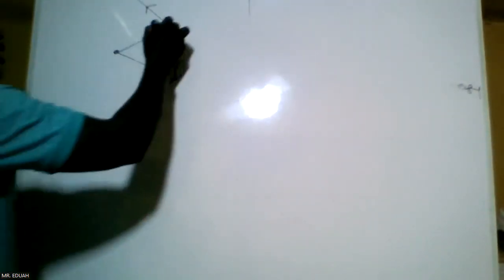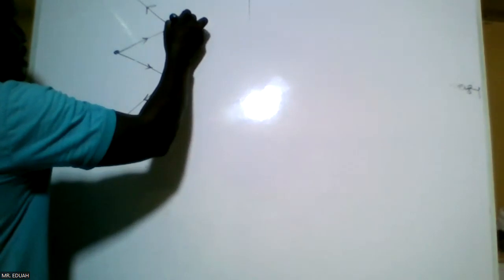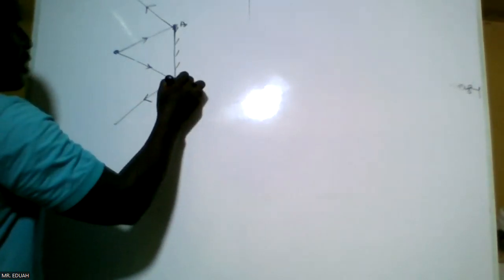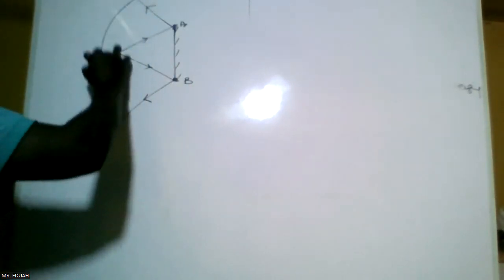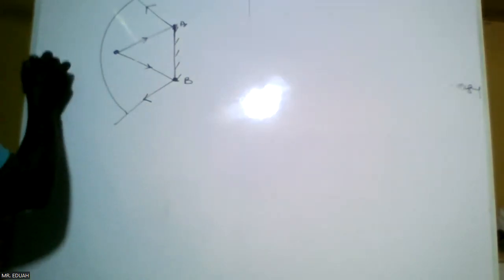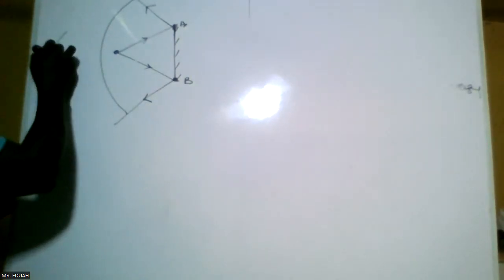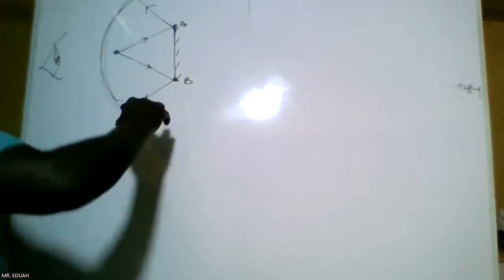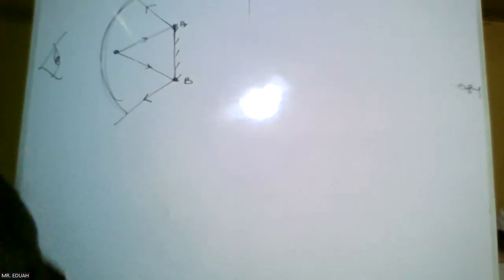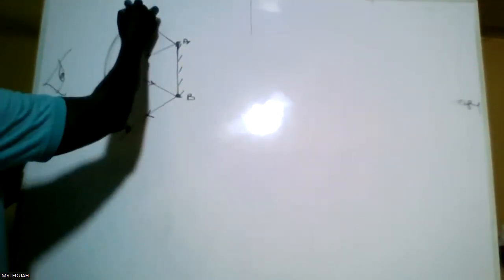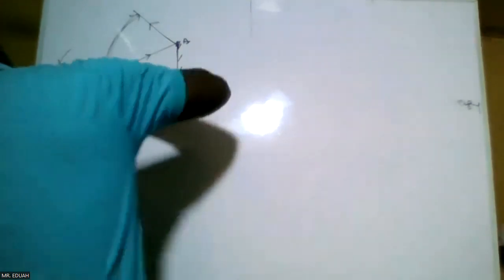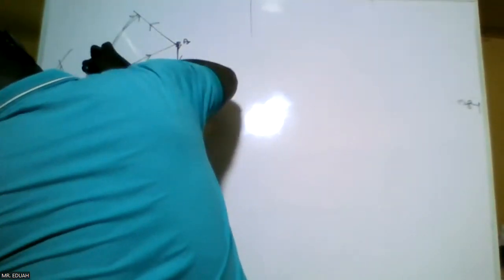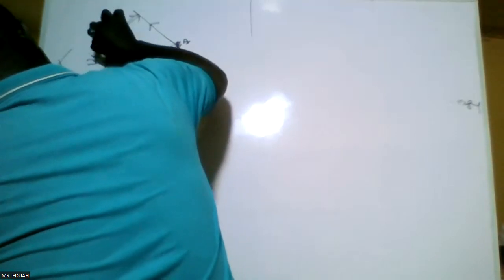So for this aperture AB, this is the angle of view. If somebody is viewing from here, this is the region, the area through which the person can have a maximum view. So this is the field of view.